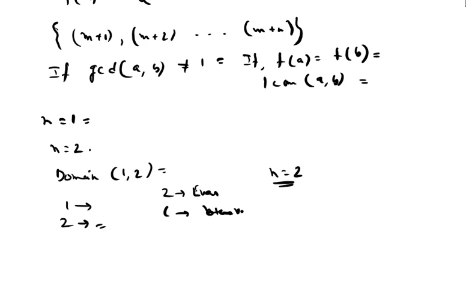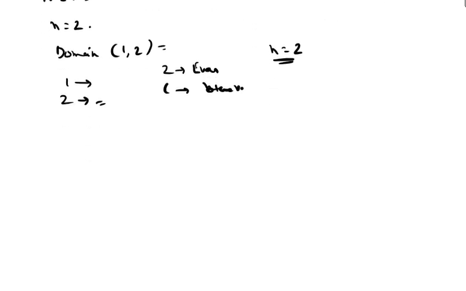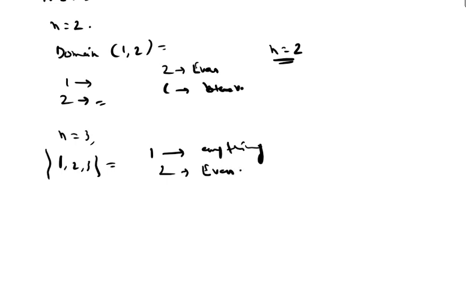Now for n is equal to 3, the domain is 1, 2, 3. So 1 can take anything, 2 needs an even number, and 3 needs a multiple of 3.